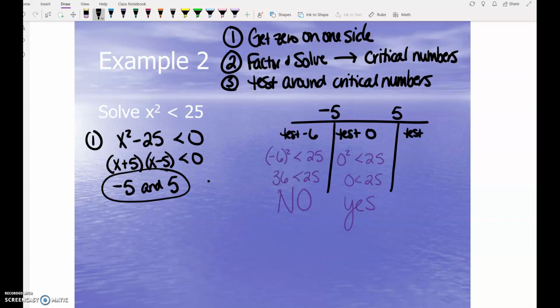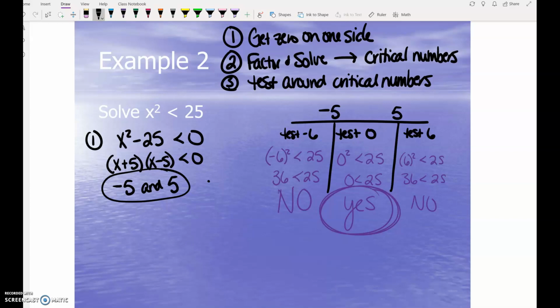Like you could try 6, 7, 10, 12, 100, whatever number you wanted that was larger than 5. I'm going to test 6. 6 squared, is that less than 25? No, it is not. So this is the area that we want to focus on. The numbers between -5 and 5 are going to work.